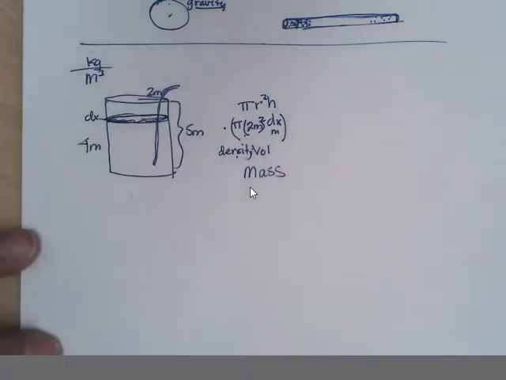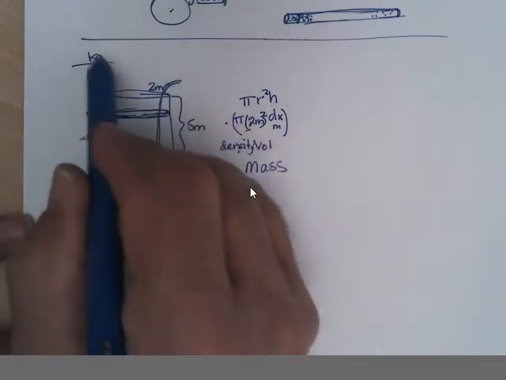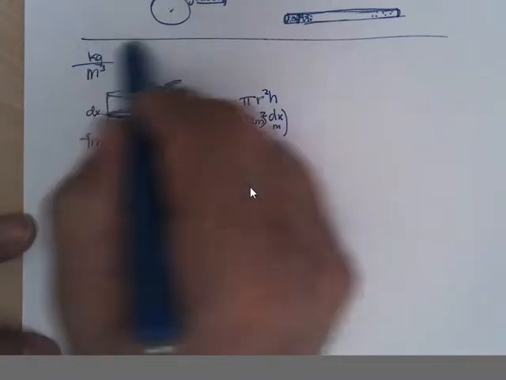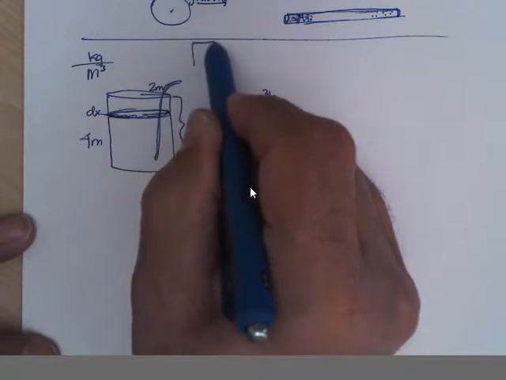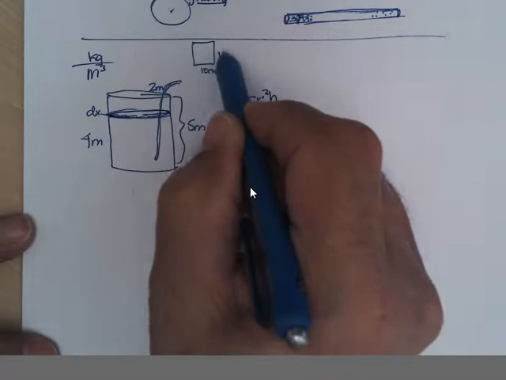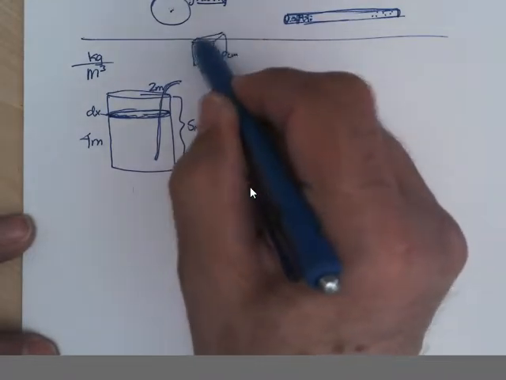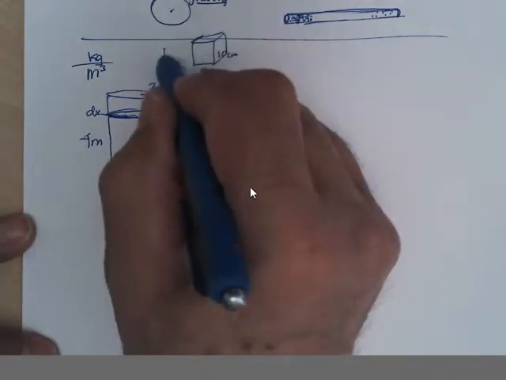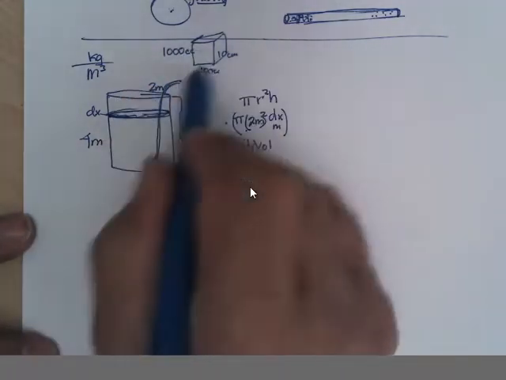Now to do that, because these are all meters and not centimeters, since water is kind of a standard for mass, if it's a liter, which is a 10 centimeter by 10 centimeter by 10 centimeter block, which means 1,000 cubic centimeters make a liter.